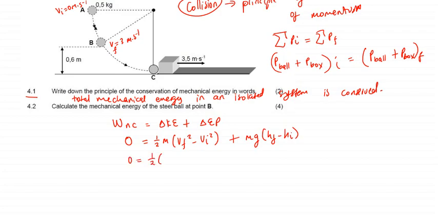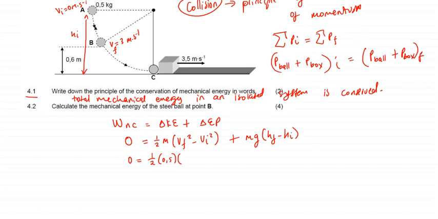The mass is 0.5 kg. Now what actually are we doing here? You will see that we do have the height here, but we don't have the initial height, because the initial height is the height where the object is at A.